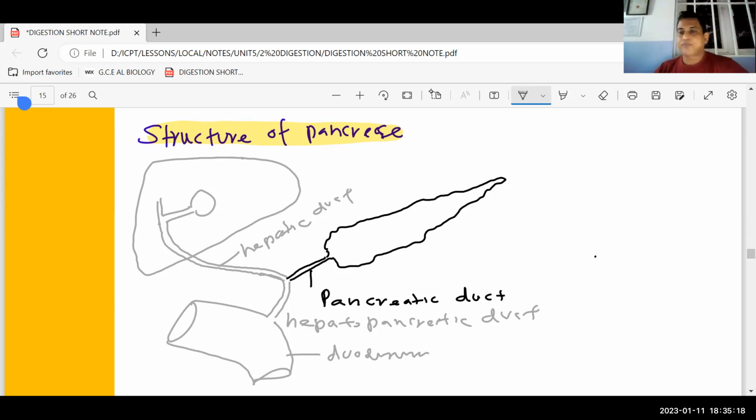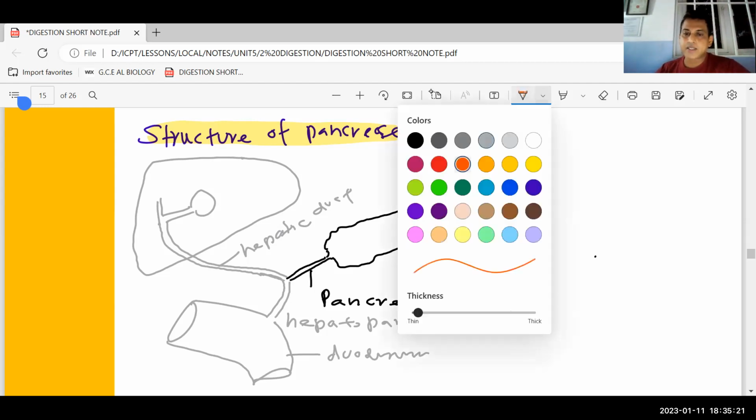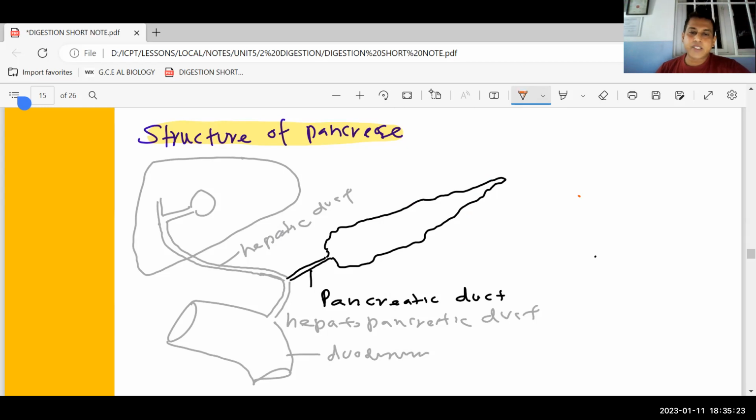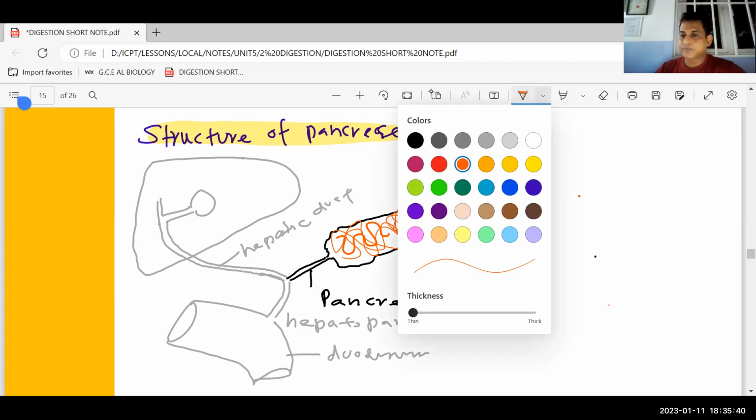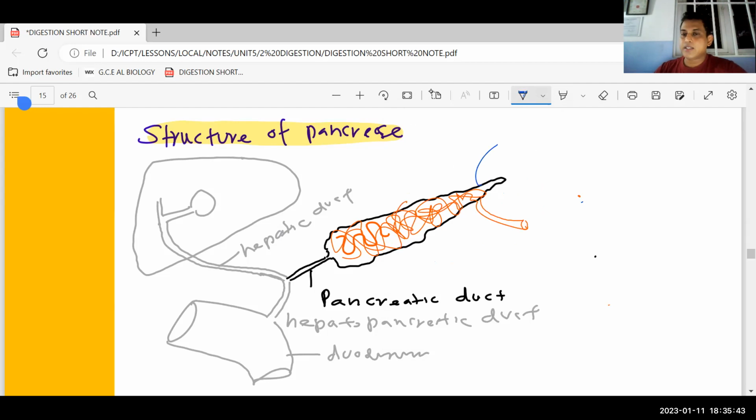Another thing is this pancreas is also very rich in its blood supply. So it has a good blood supply, and we are not learning about the blood vessels of the pancreas, but it gets a very good blood supply. So this is the artery and the vein, right? The artery brings the blood to the pancreas, and the vein takes blood away from the pancreas.